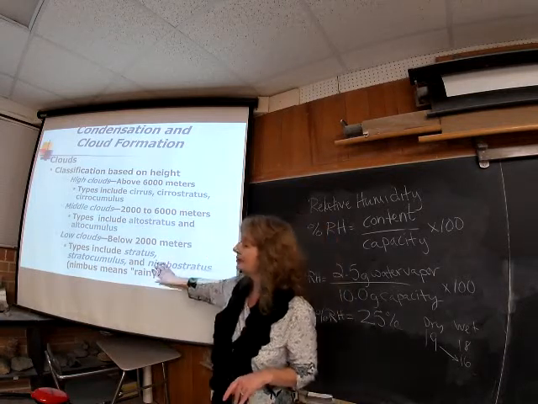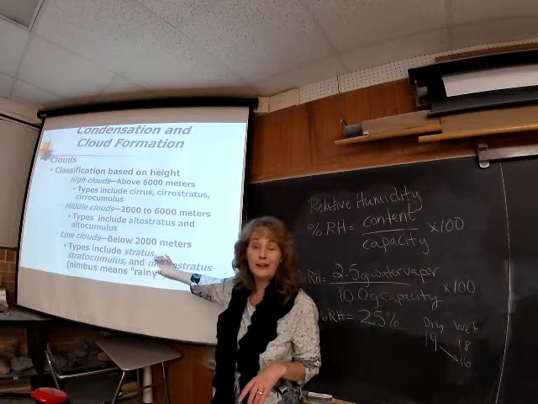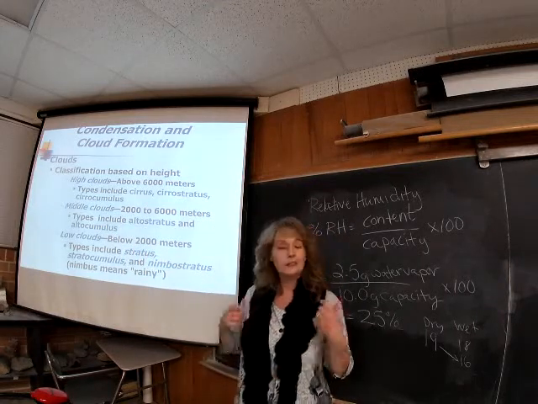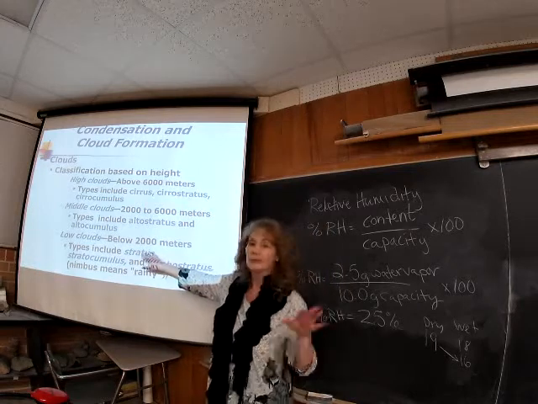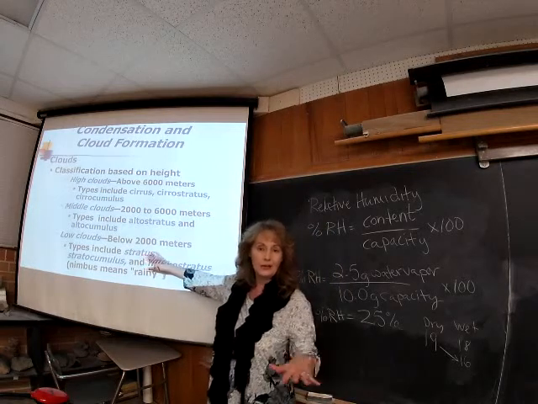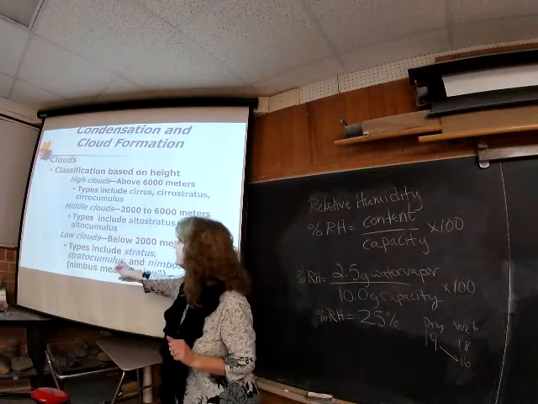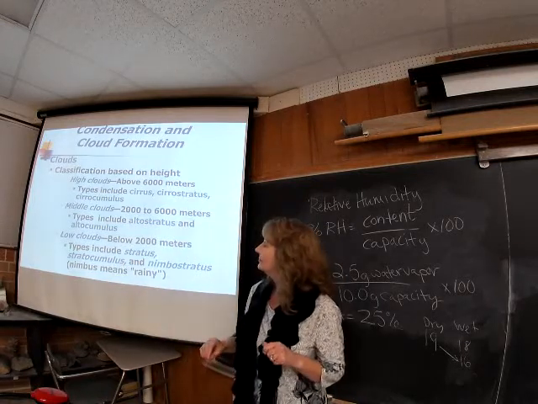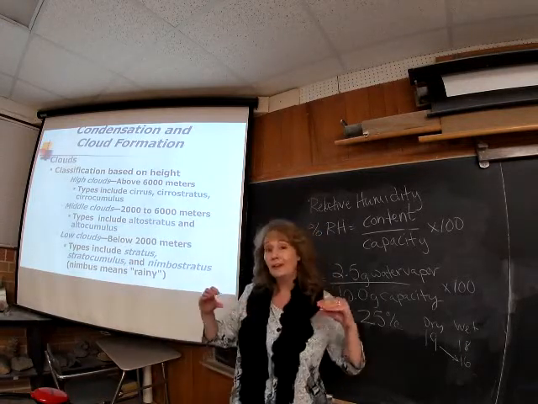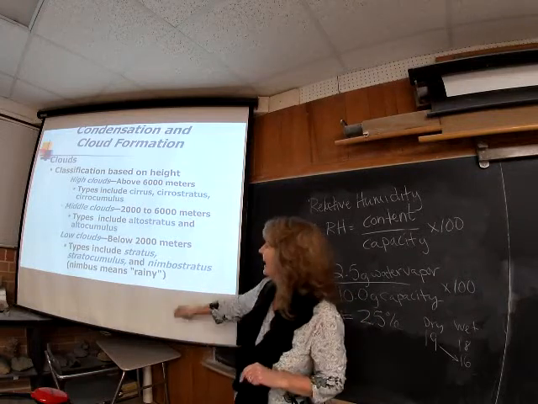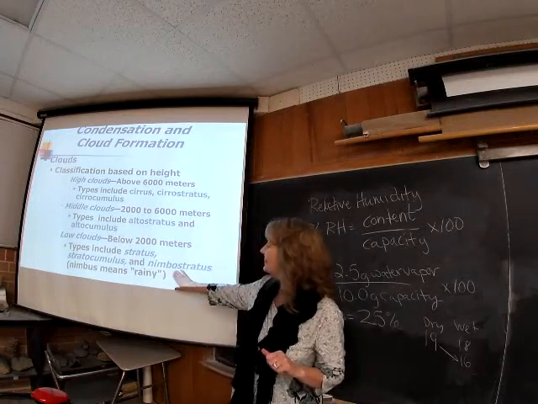Low clouds would be below 2,000 meters. For these, of course, you can have stratus, so low-lying sheets or layers of cloud. Stratocumulus, so layered but cumulus shaped, low-lying.